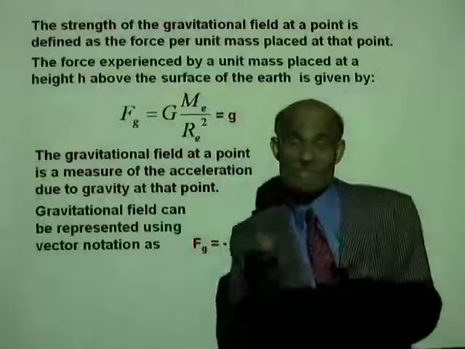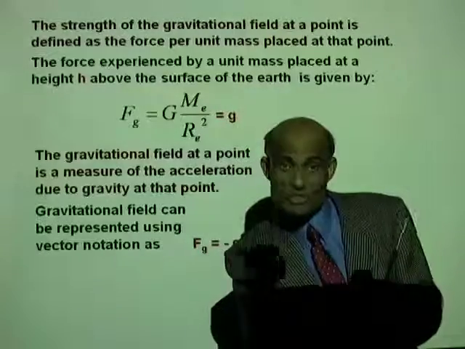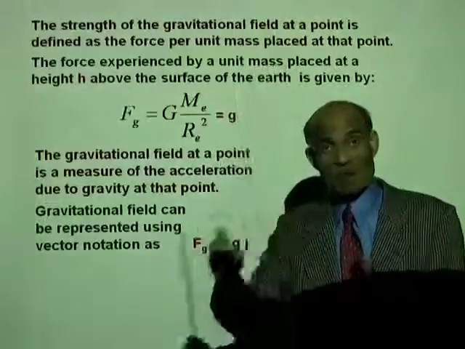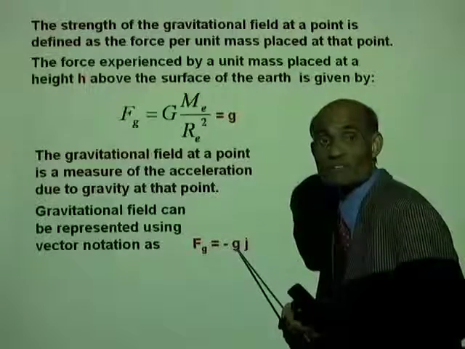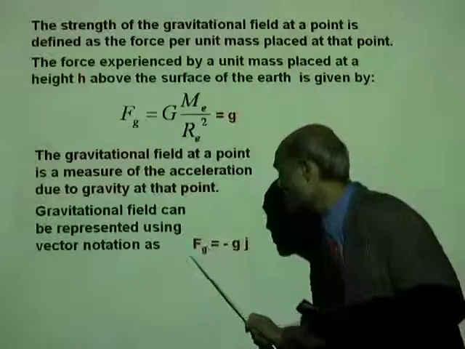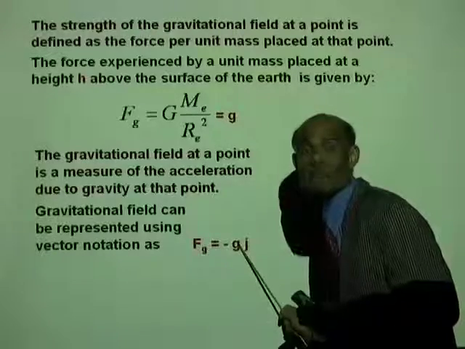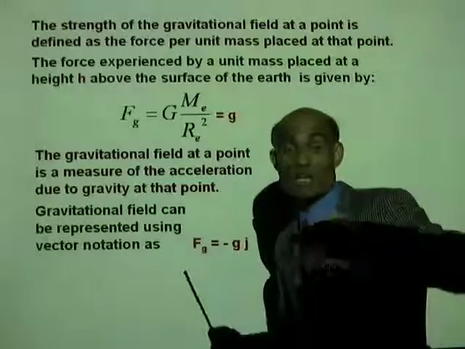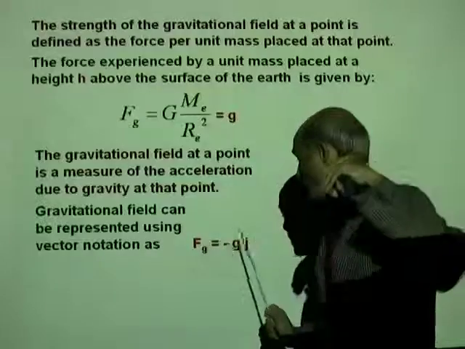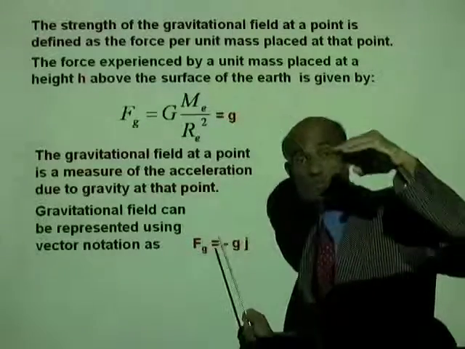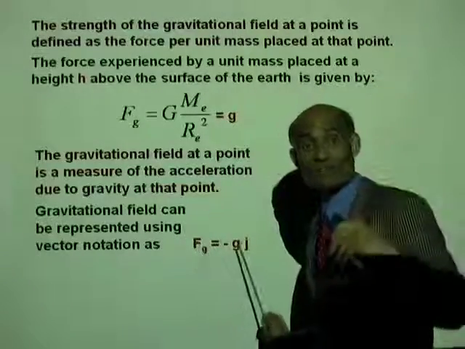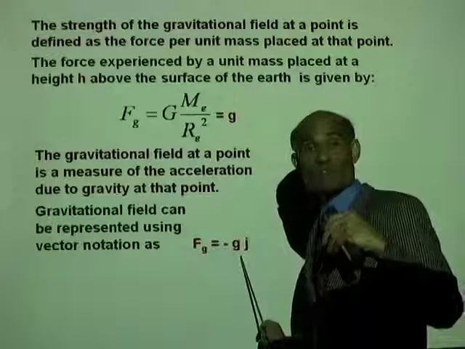And since the gravitational field is directed towards the earth, it is directed downwards, it is a negative vector. The gravitational field is a measure of g at any point. And you can see as we move away from the earth, the value of g will become smaller and smaller. That means the magnitude of this vector will become smaller.